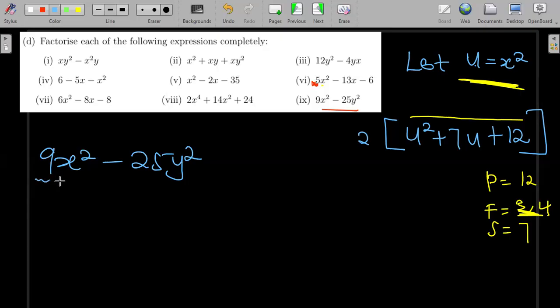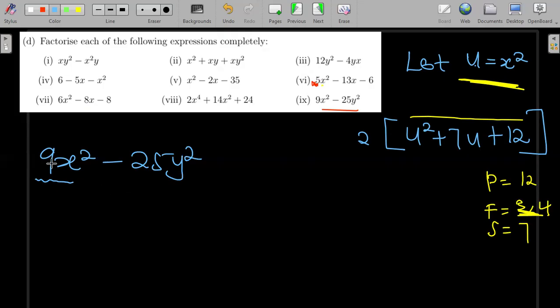So this is 9x squared, right? This is 25y squared, right? So when we're factorizing here, we use what we call the difference of two squares.